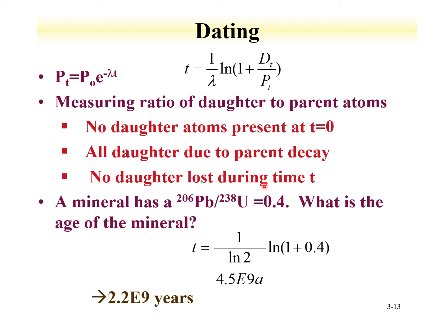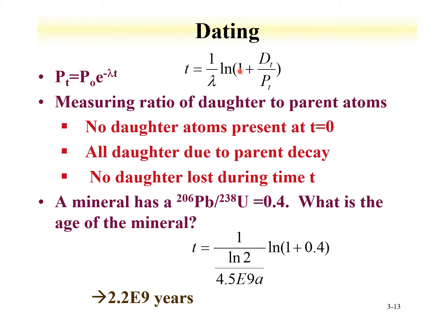So if we go through this, what is the age of the mineral? Substitute our terms into this equation. So it's the decay constant, log 2 divided by 4.5 billion years, times the log of 1 plus the daughter to parent ratio. And I said that the fraction is shown here, the ratio.